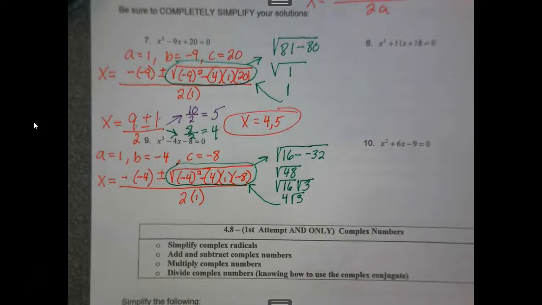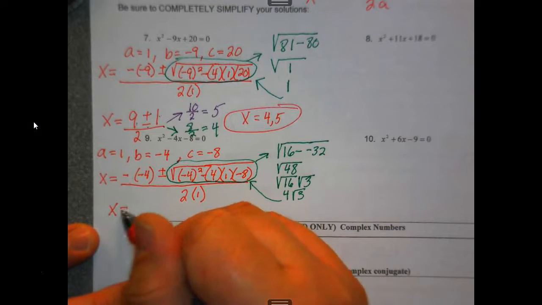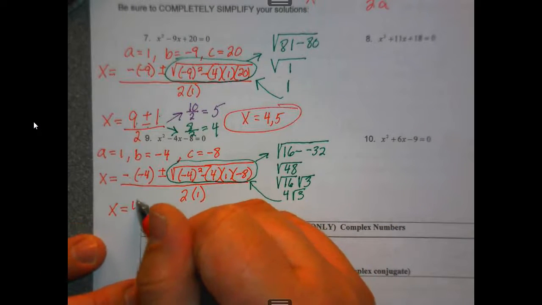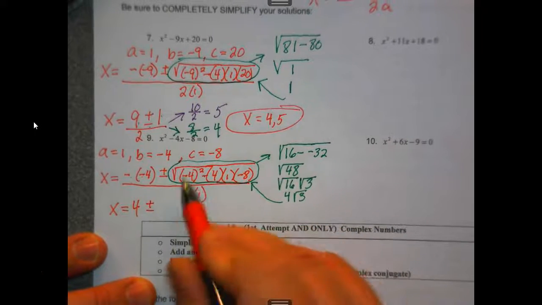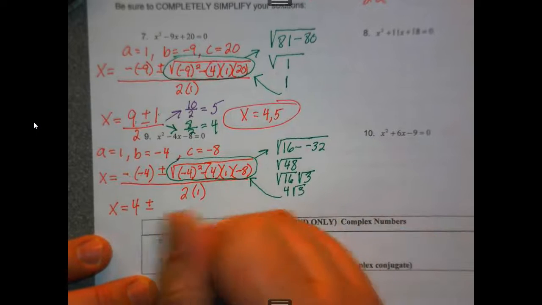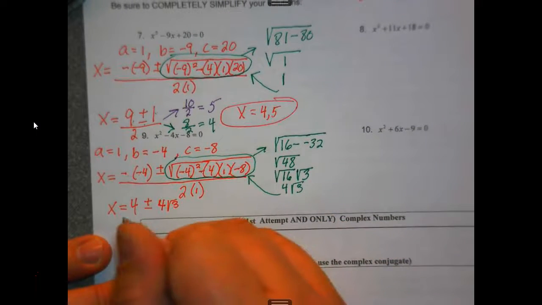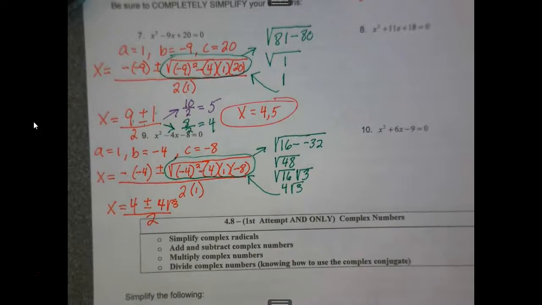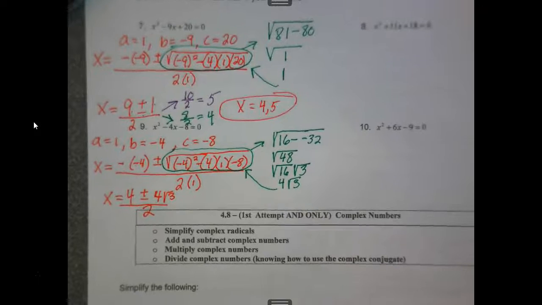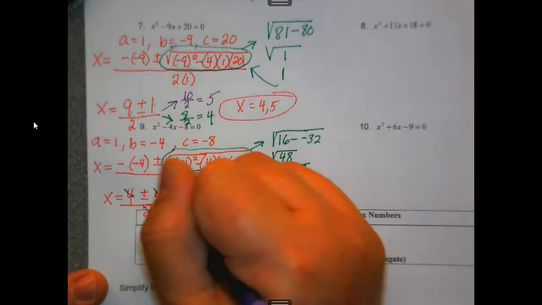Okay, let's keep going. So x equals negative negative 4, which is positive 4. I'm replacing this whole radical discriminant thing with 4 square root of 3, and it's all divided by 2. Am I done, kids? No, why not? Because you can take out a factor of 2 from every term.